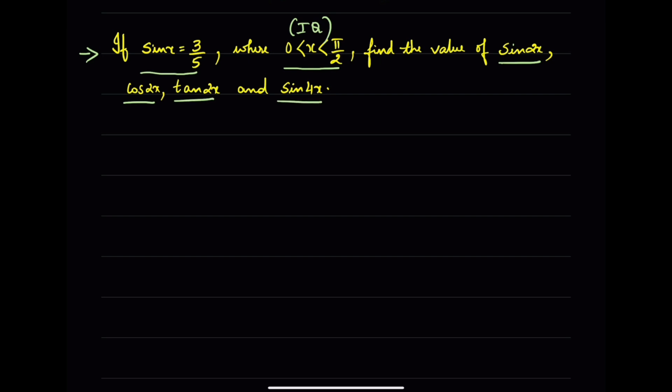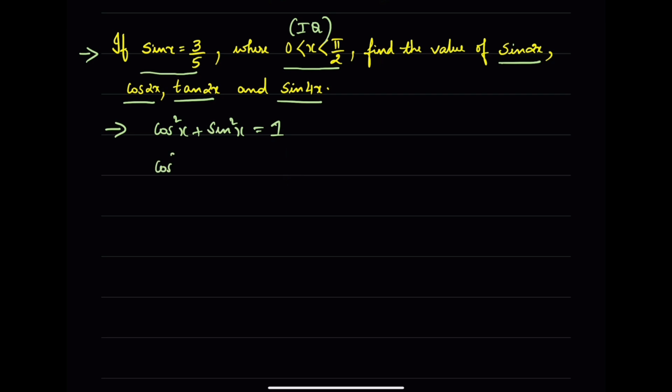Now, before we start solving this question, let's first find out the value of cos x, so that we can apply sin and cos depending on what trigonometric function we are trying to calculate. The basic trigonometric identity we are going to use is cos square x plus sin square x is equal to 1.